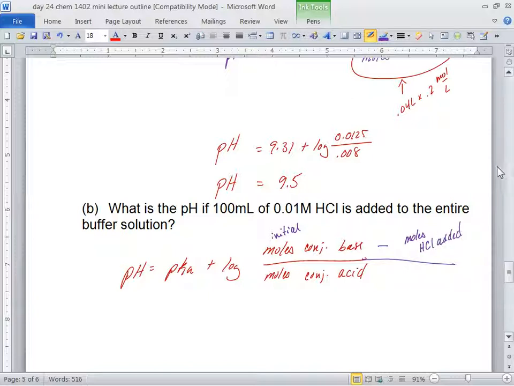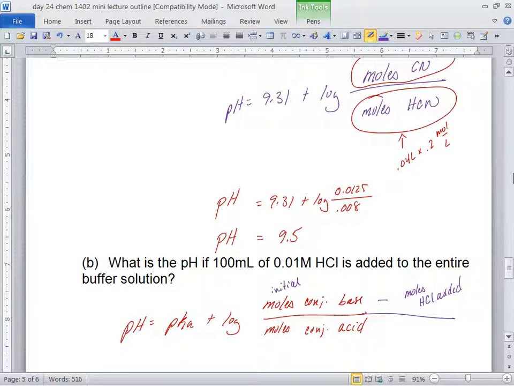Where do we get this initial moles of conjugate base from again? Didn't we do it already? Yeah, it's the 0.0125. That's the 0.0125. The moles of HCl added would be what?